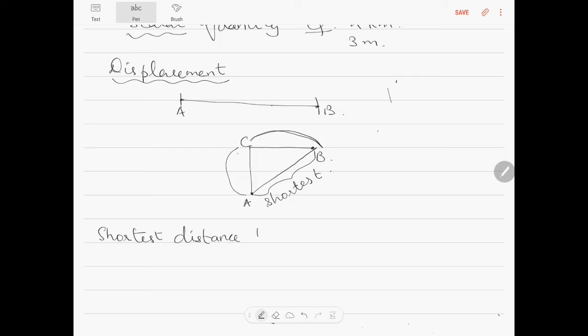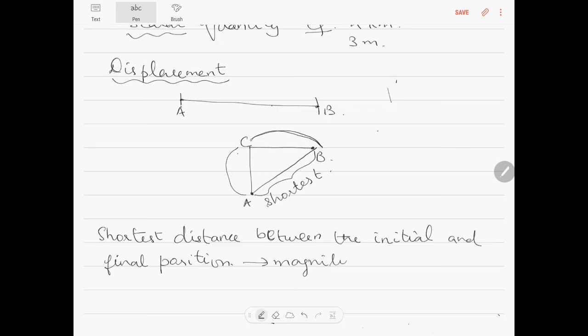shortest distance between the initial and the final position, which is the magnitude of the displacement.